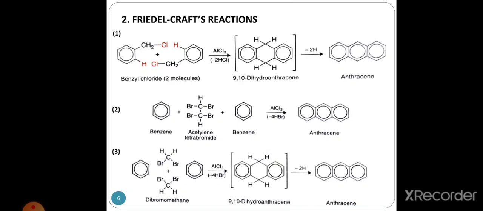In the third method, benzene undergoes reaction with dibromomethane to initially form 9,10 dihydroanthracene, which readily loses two hydrogen atoms to form the final compound of our interest, that is anthracene.